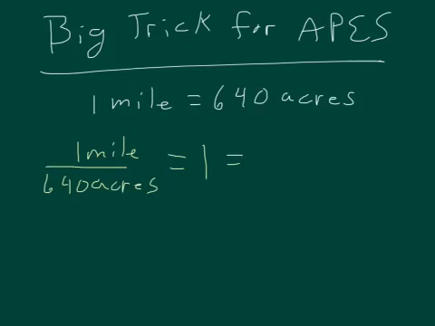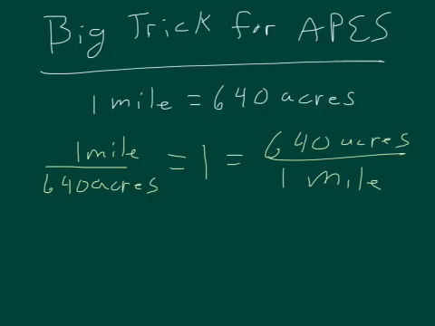Second idea, I can do it upside down as well. 1 mile. It's still 1, whichever one of those I decide to put on top. And therefore I can still multiply it to anything, and I haven't changed the problem. Okay? That's what they do in this whole problem.